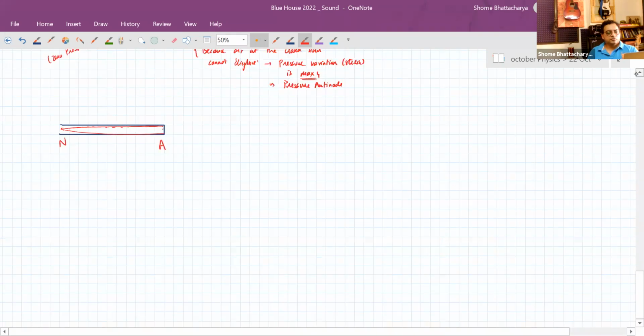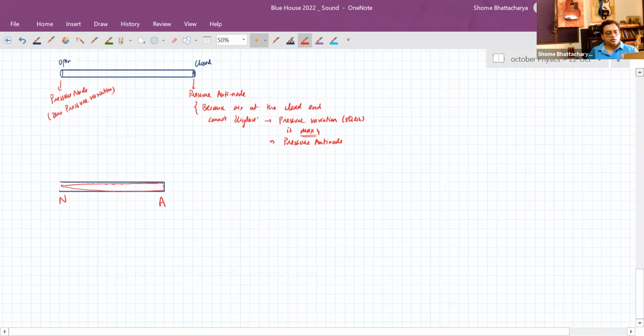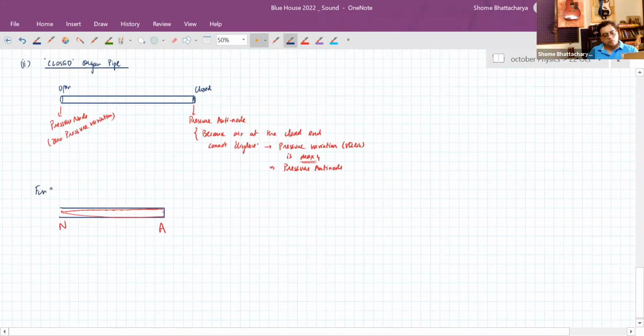It should be lambda by 4 because they're consecutive node and antinode. So lambda is equal to 4L. So frequency has a different formula for the fundamental: instead of 1 by 2L, it is 1 by 4L into the speed of sound, or 1 by 4L into square root of gamma RT by M.